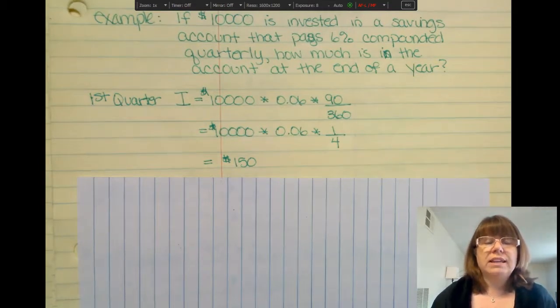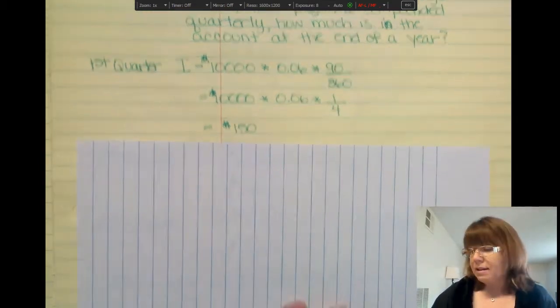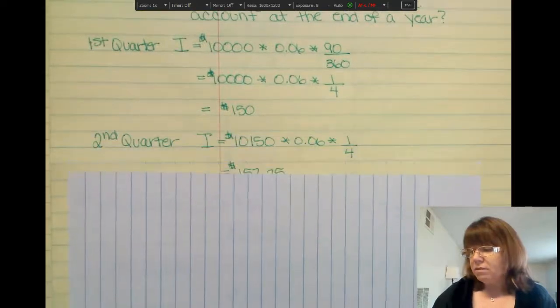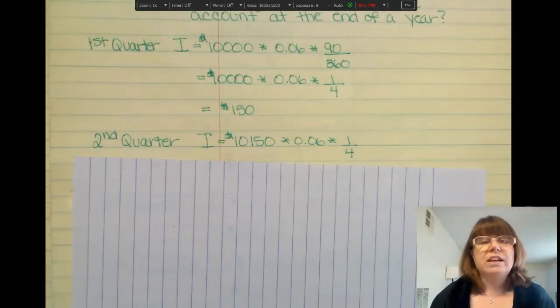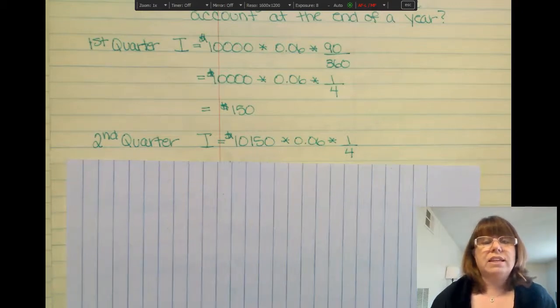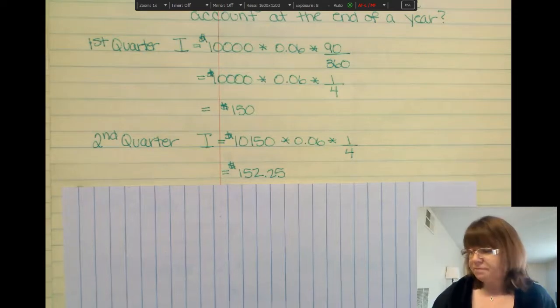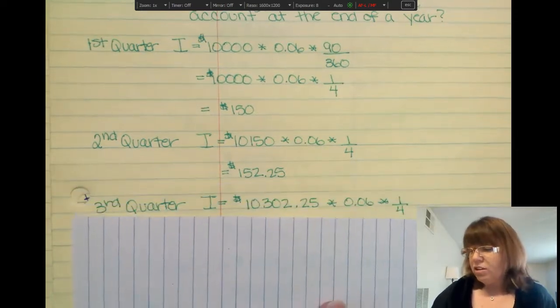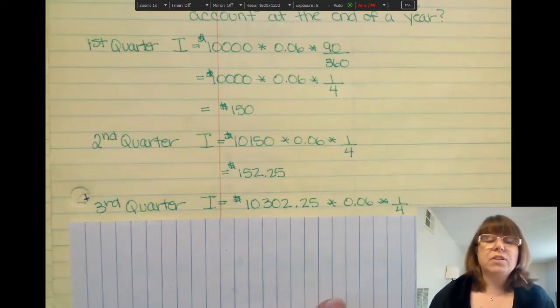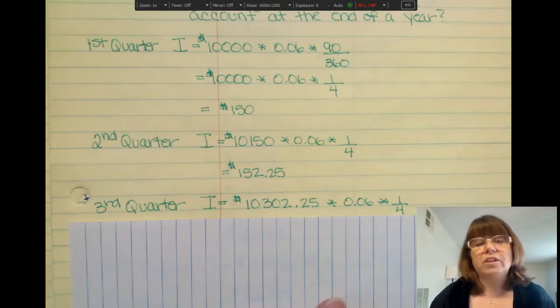Now that $150 goes back into the account, and we have $10,150, which is earning interest. At the end of the second quarter, our interest we earned is $152.25. That goes back into the account. At the beginning of the third quarter, we have $10,302.25 in the account.